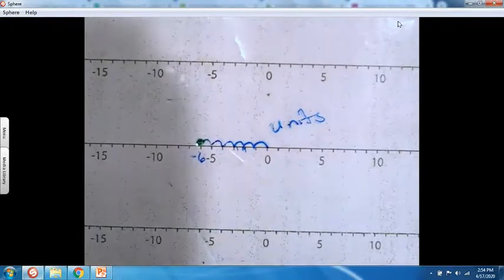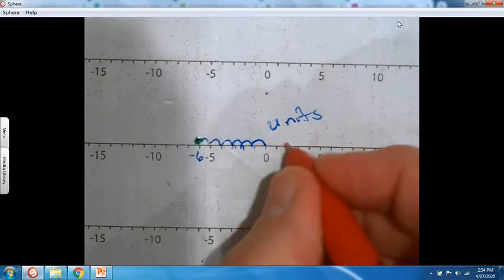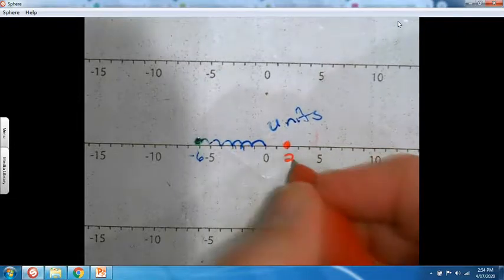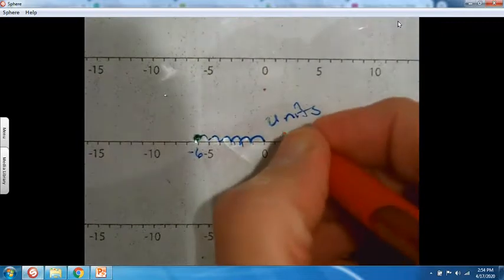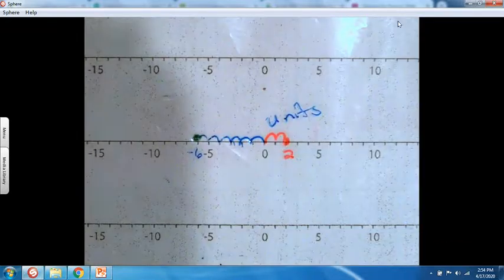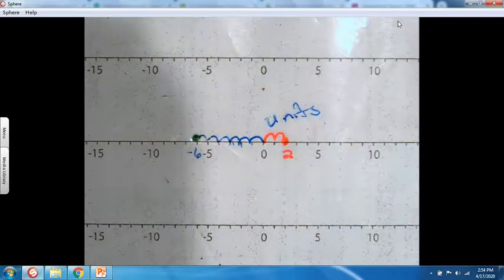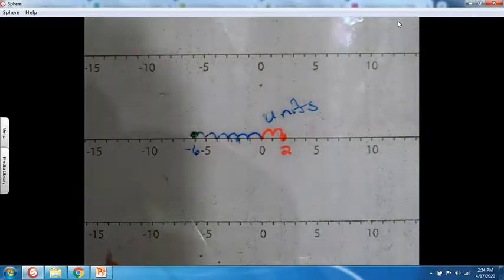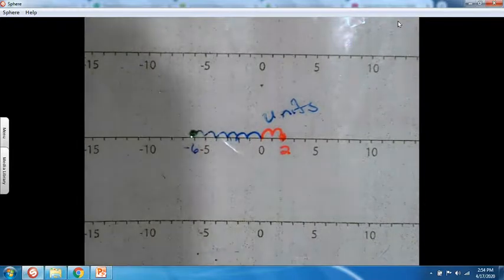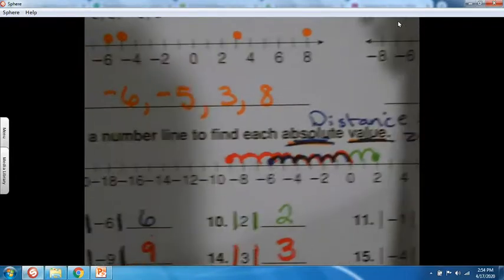Okay, so here's 2. This is our 2. How far is that from 0? Well, it is 1, 2. 2 units. That's it. That's all you do. You don't need to draw it on a number line. They give you a number line on the worksheet. See the number line they give you on the worksheet?